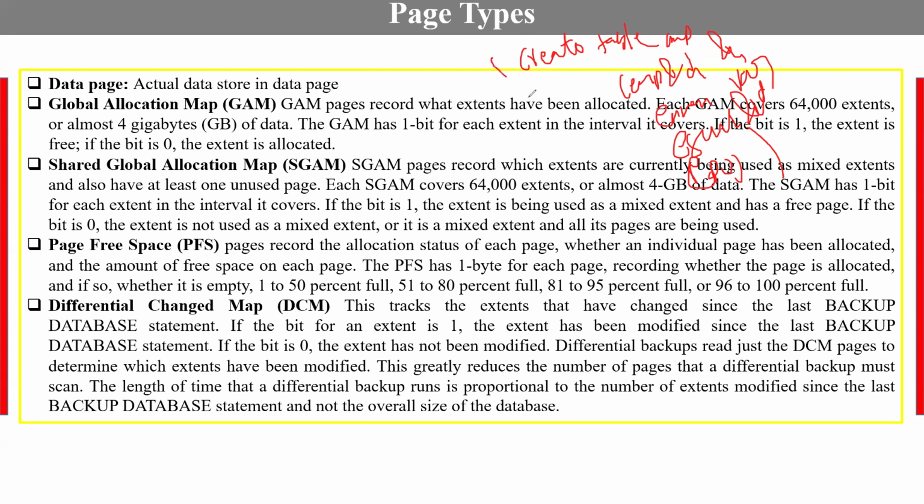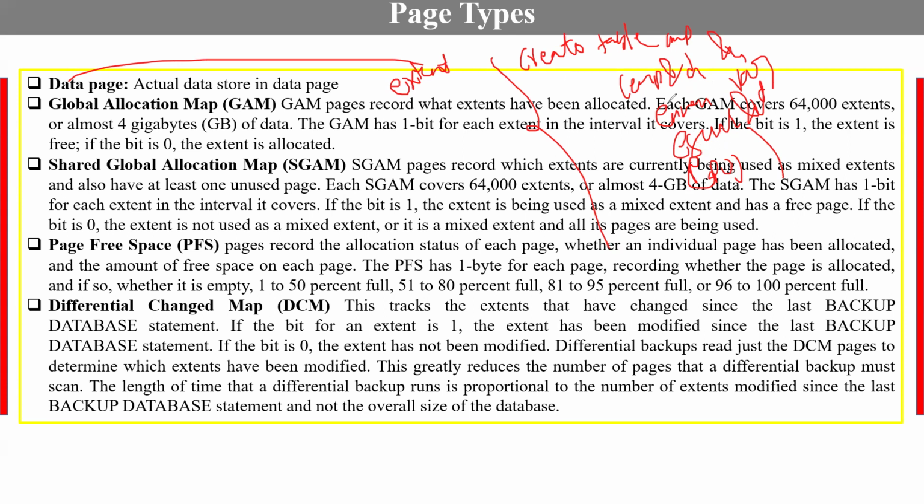So for this table, what internally is happening? Internally, is Microsoft allocating data pages to this table, or how? No, sir. Data pages are not allocated directly to this table. An extent is allocated to this table, sir. Internally, an extent is allocated.